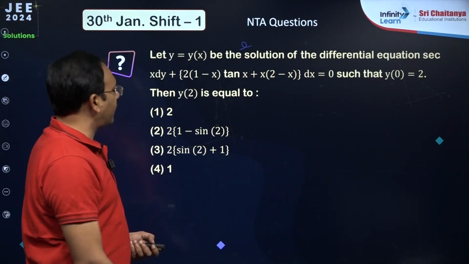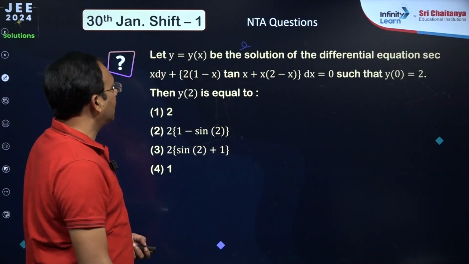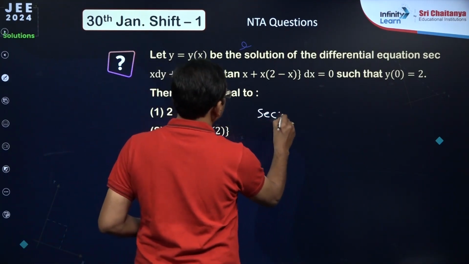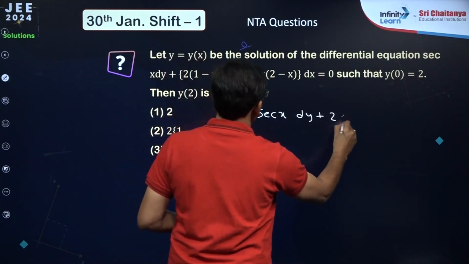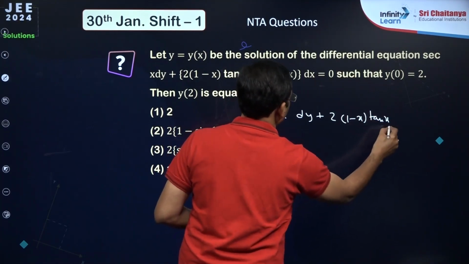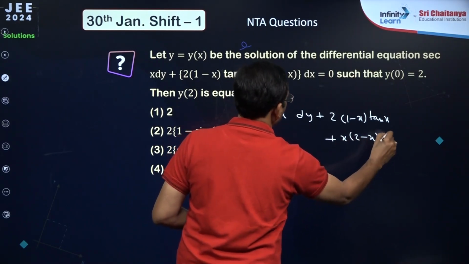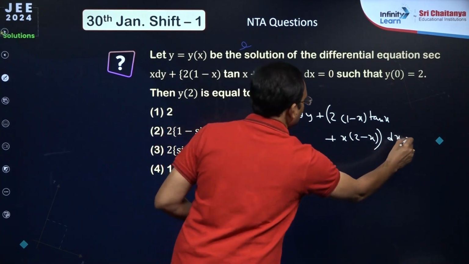The next one is a differential equation. Let y equal to y of x be the solution of the differential equation: secant x dy plus 2 into 1 minus x into tan x plus x into 2 minus x into dx is equal to 0.